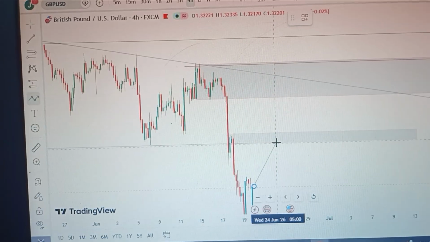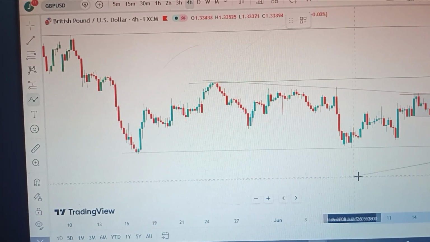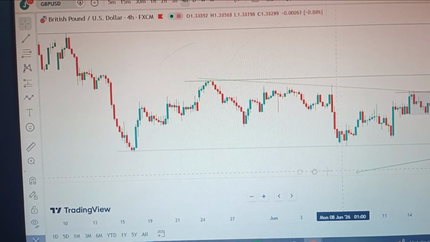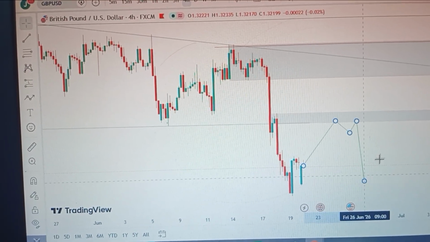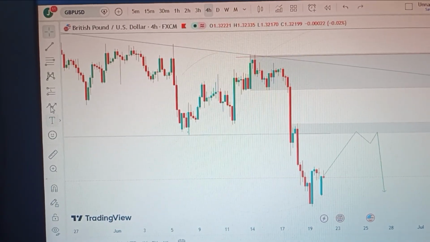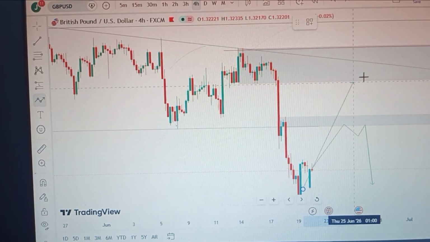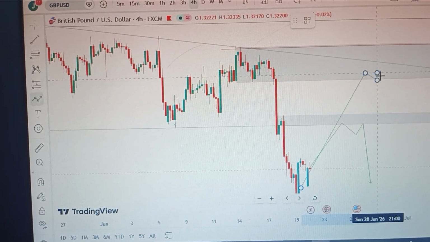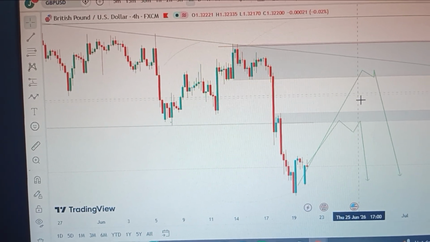The price can either come here and react, or price can come here and react. So our focus will be on these two zones.